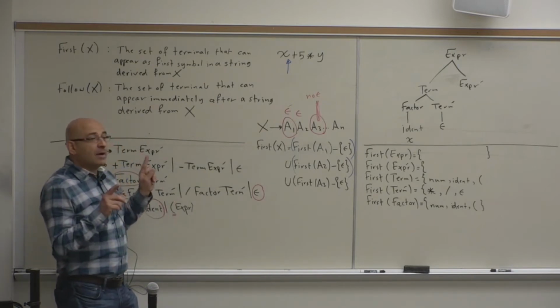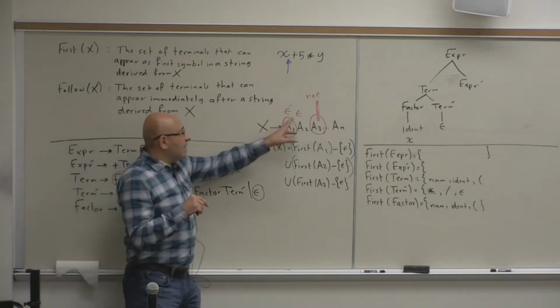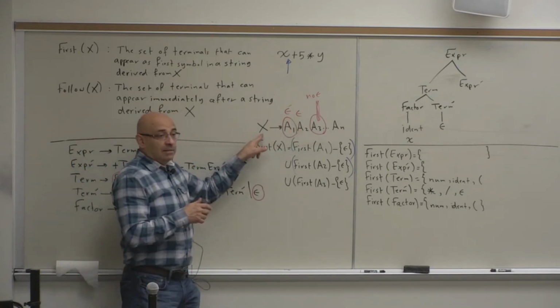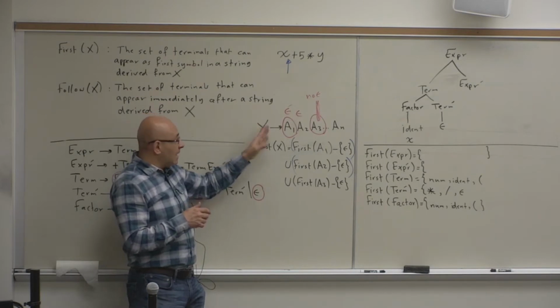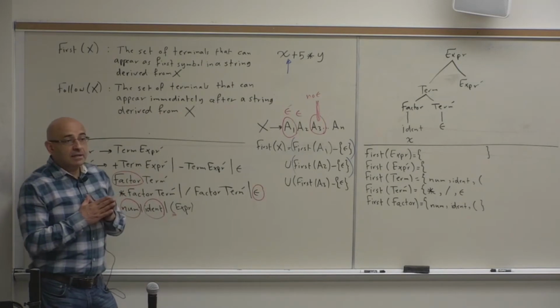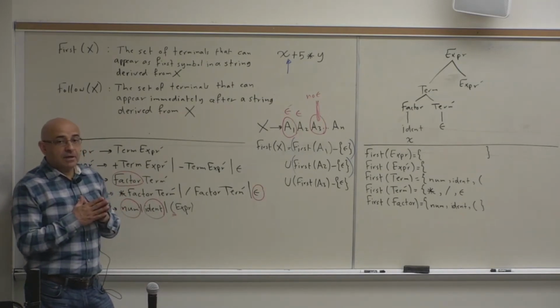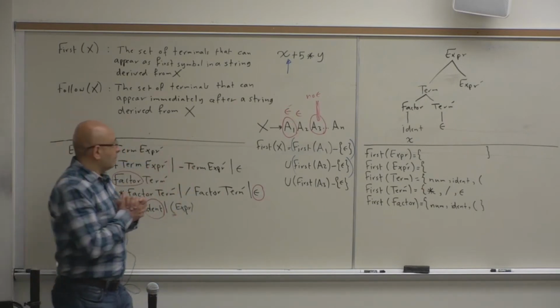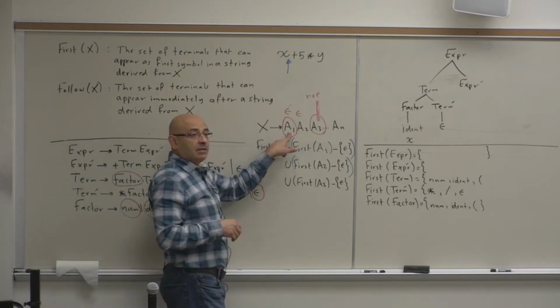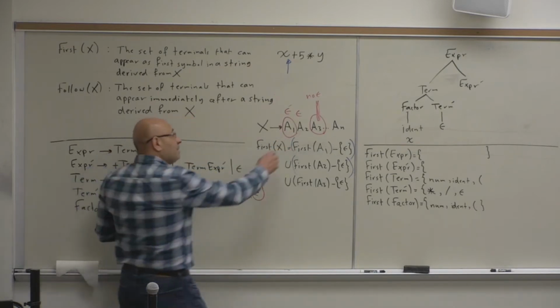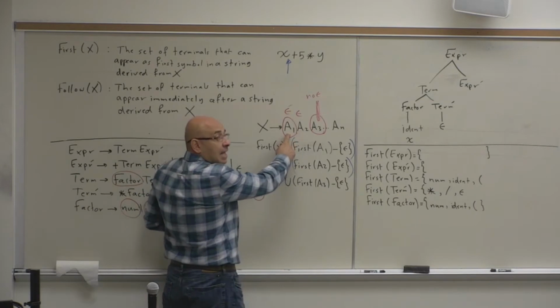As long as there is one of them that cannot be replaced with an epsilon, the X cannot be replaced with an epsilon, because the X is the concatenation of these n variables. Right? So now the general rule: you always add the first set of A1, no matter what, but you add the first set of A2 only if epsilon appears in the first set of A1.